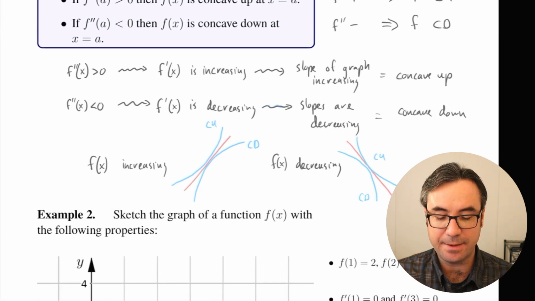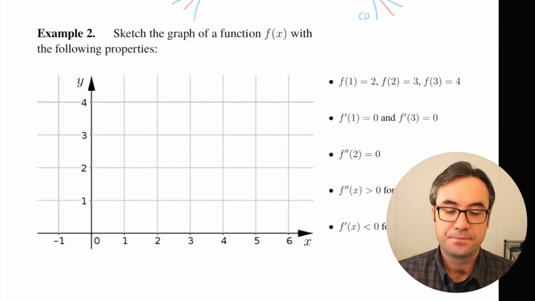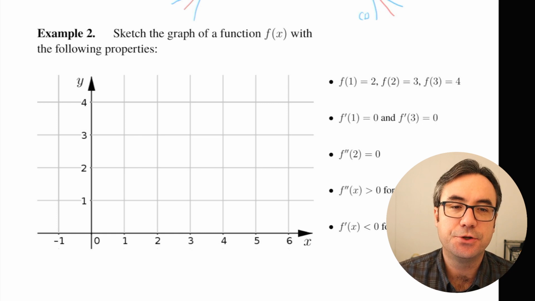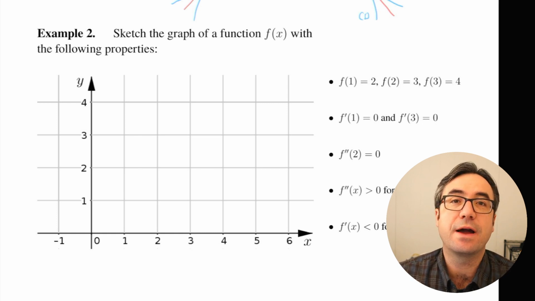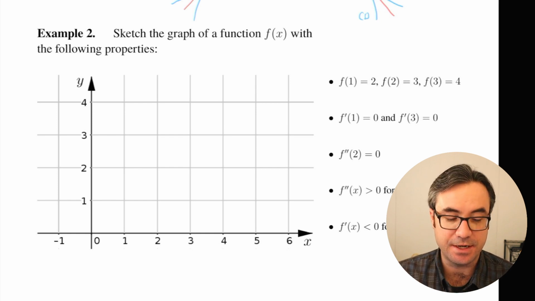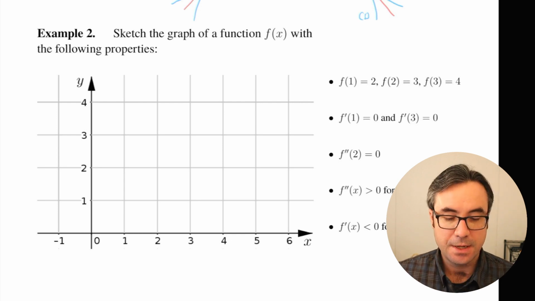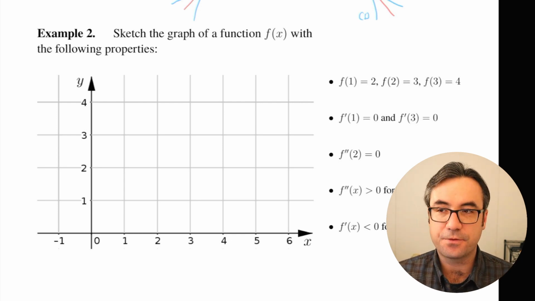So let's try an example where we go through a bunch of properties again and put all the information together and sketch what a graph might look like. There are going to be many different graphs that satisfy these conditions, but let's just sketch what one might look like. Let's start with the first property.